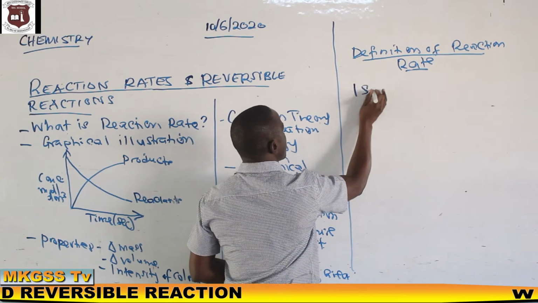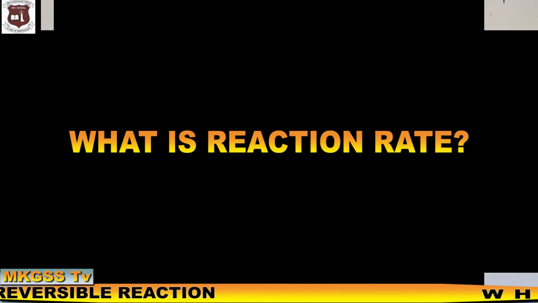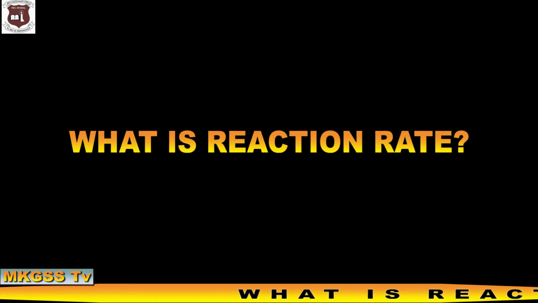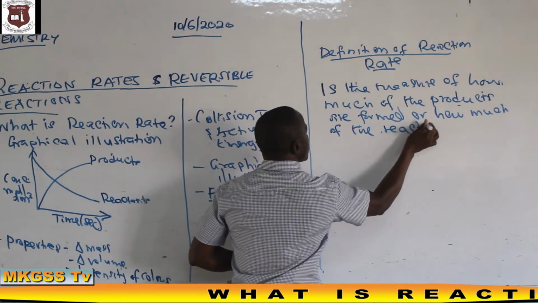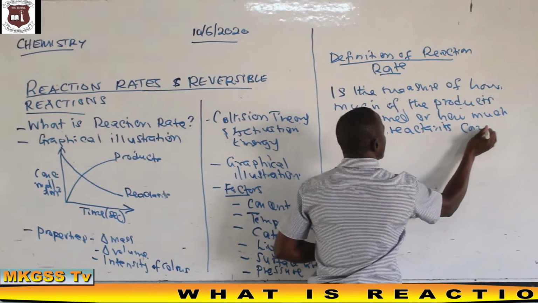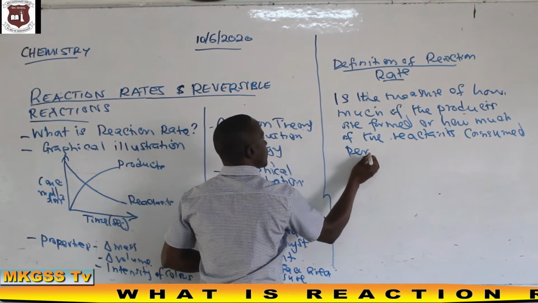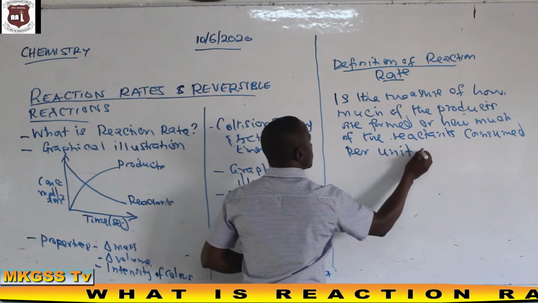Reaction rate is the measure of how much of the products are formed, or how much of the reactants are consumed per unit time.